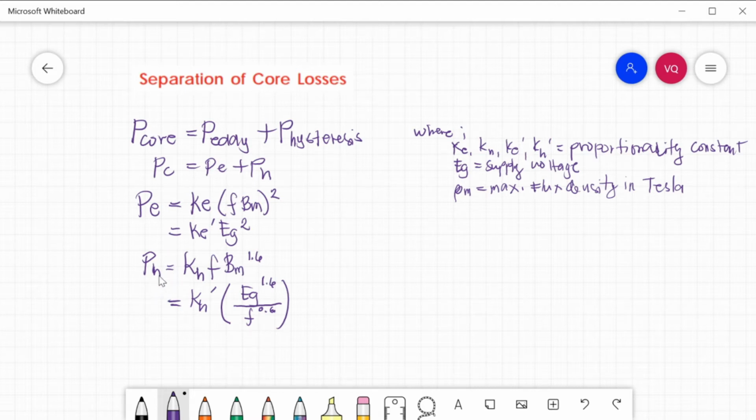The hysteresis loss is equal to KH times the frequency times the maximum flux density raised to 1.6, or KH prime multiplied by the generated voltage or the supply voltage raised to 1.6 divided by F raised to 0.6, where KE, KH, KE prime, KH prime are the proportionality constants, EG is the supply voltage, and Beta M is the maximum flux density in Tesla.